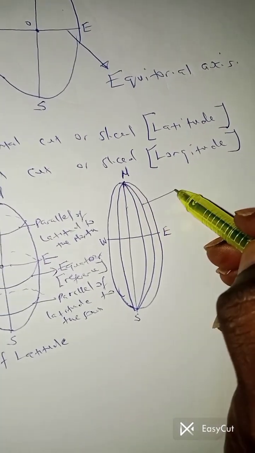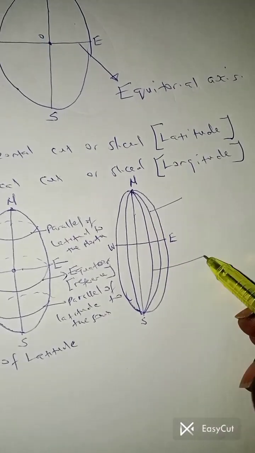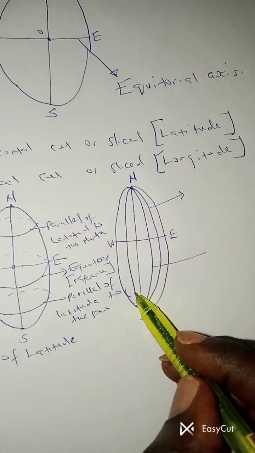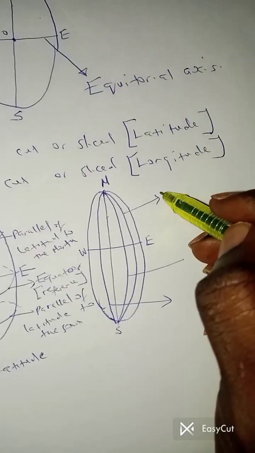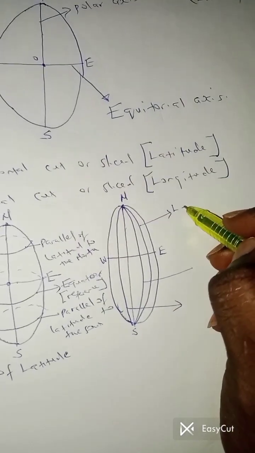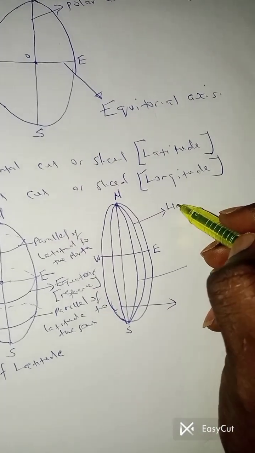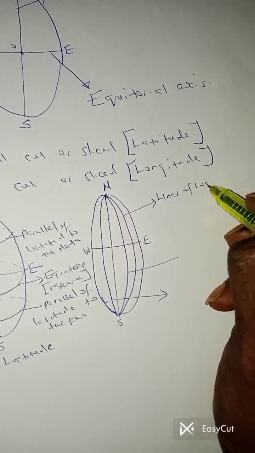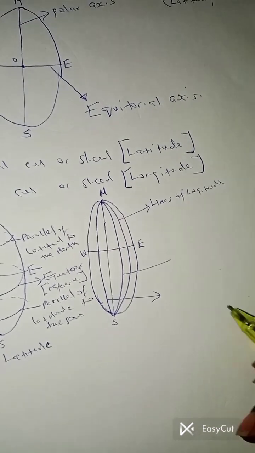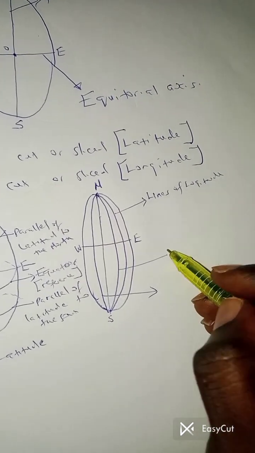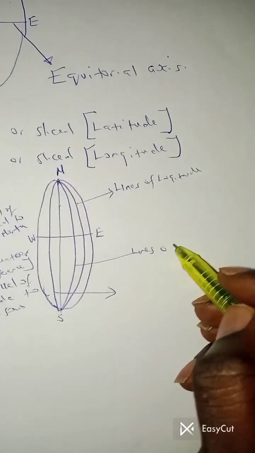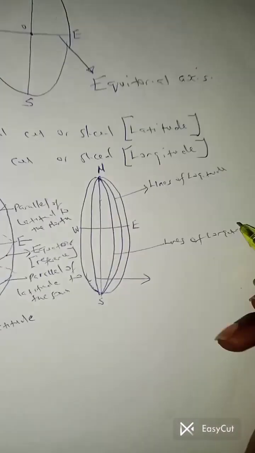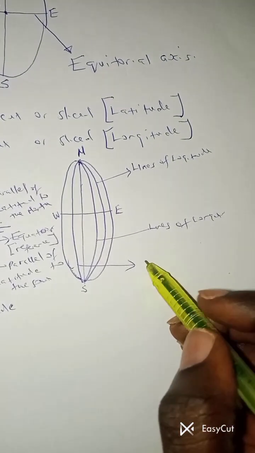So this and this, they are what? Longitude. Lines of longitude. This is also known as lines of longitude.